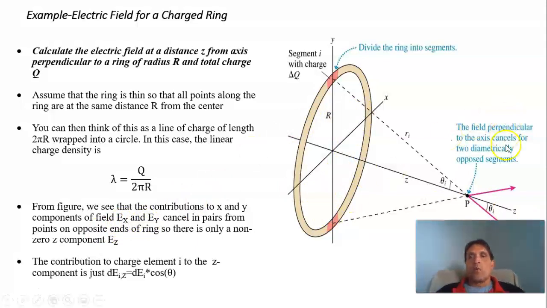So once again, the z component of the field is equal to the field's magnitude, Ei, the contribution from segment i, times the cosine of theta i. That's what we're trying to find here, the contribution from element i, and then we're going to integrate around the ring to get the total electric field produced by all of the charges on this charged ring.